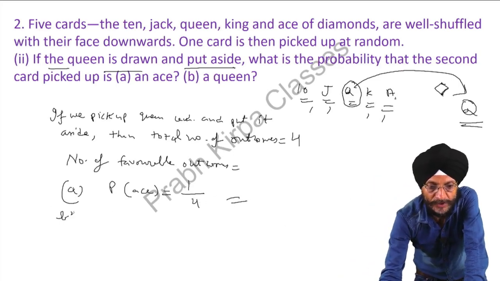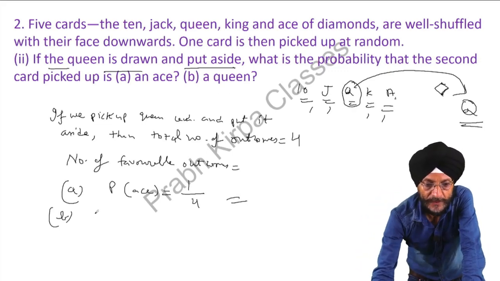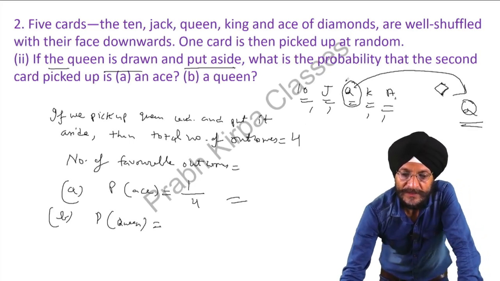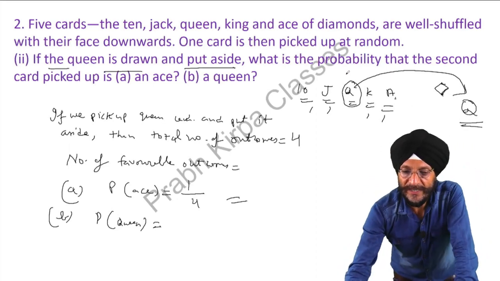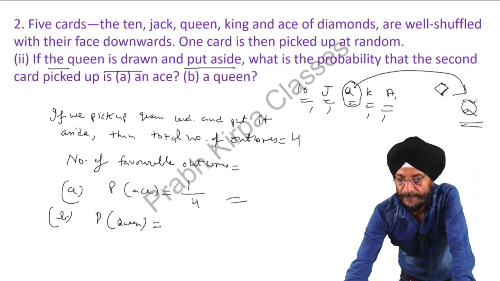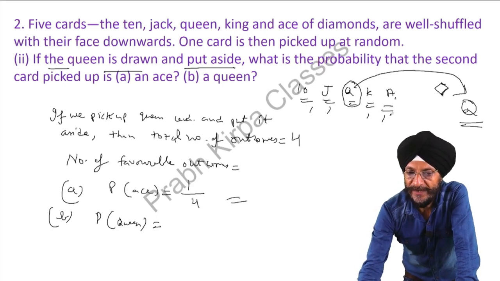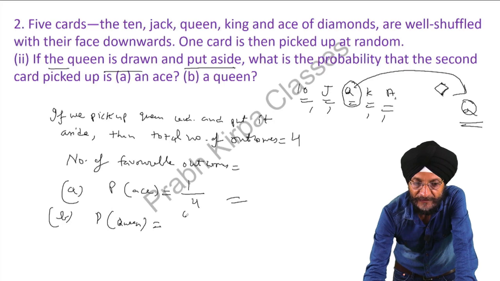Now the next part of the question. What is the probability of getting a Queen? From the question we had learnt that we had already put the Queen aside. There is no Queen left in these 4 cards because these cards are only 10, Jack, King and Ace. So we have no Queen card balance.